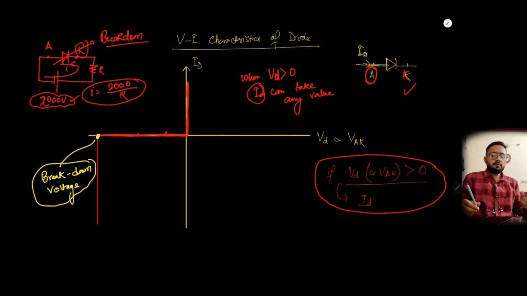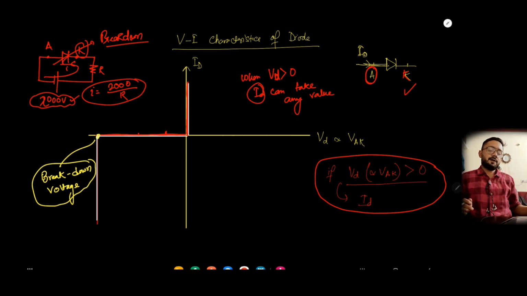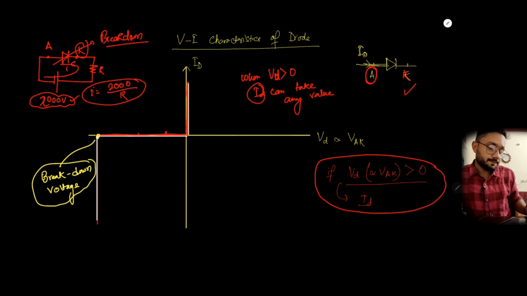So if you apply a reverse bias voltage whose magnitude is higher than the breakdown voltage, then the diode will lose its properties and it will start conducting. Okay, so this is the typical property of the diode, that is the VI characteristics of a diode. Basically this diode will look like this. Sorry, not the property, this is the characteristic.